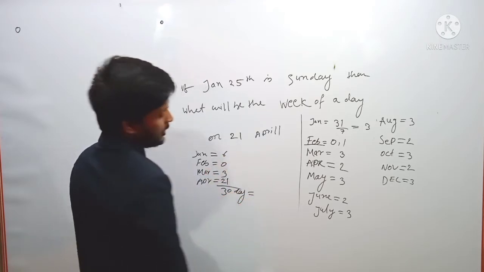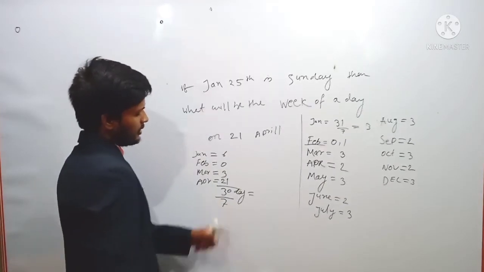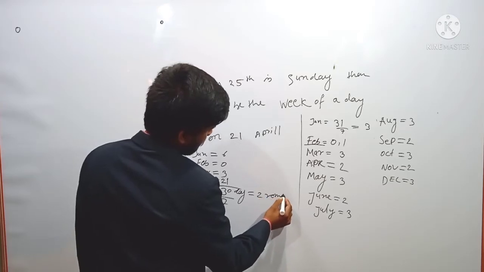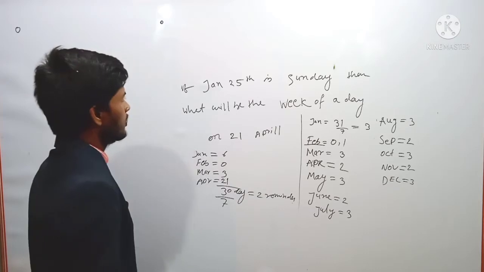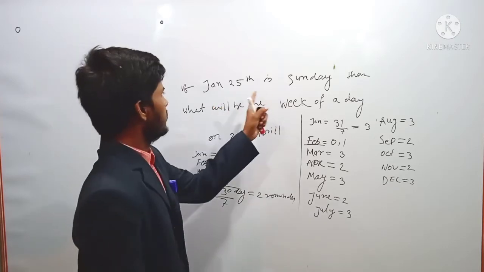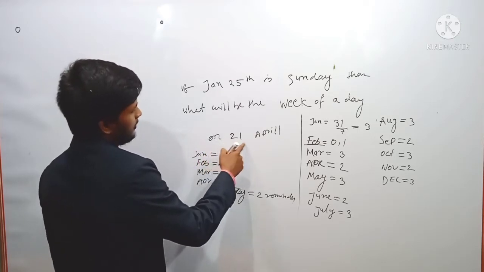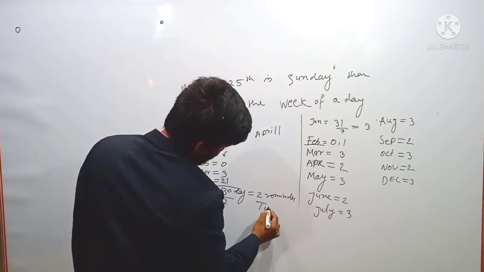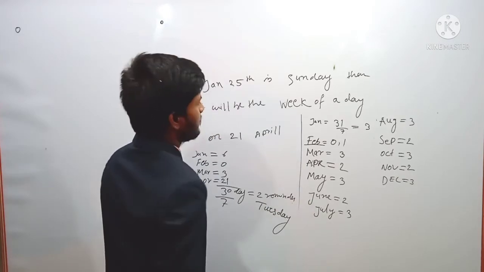It means if we divide it by 7, then it gives 2 remainder. Okay. So if 25th January is Sunday, then 21st April will be Sunday, Monday, Tuesday.